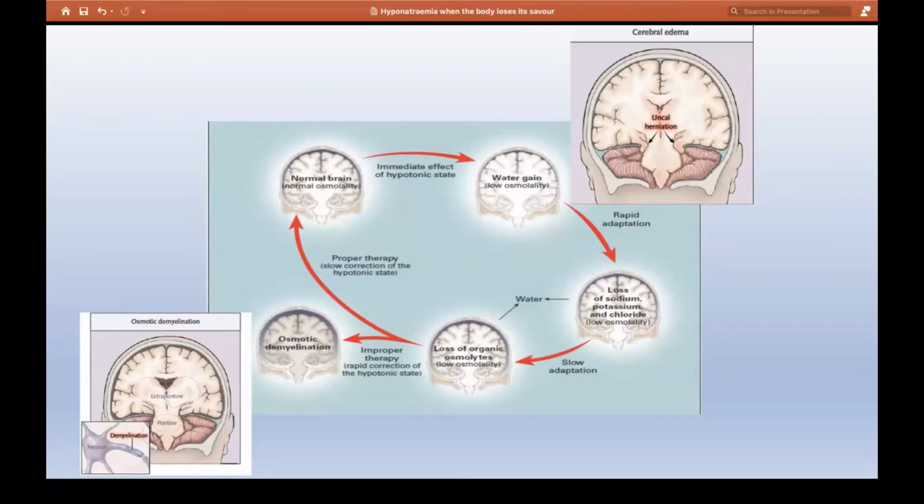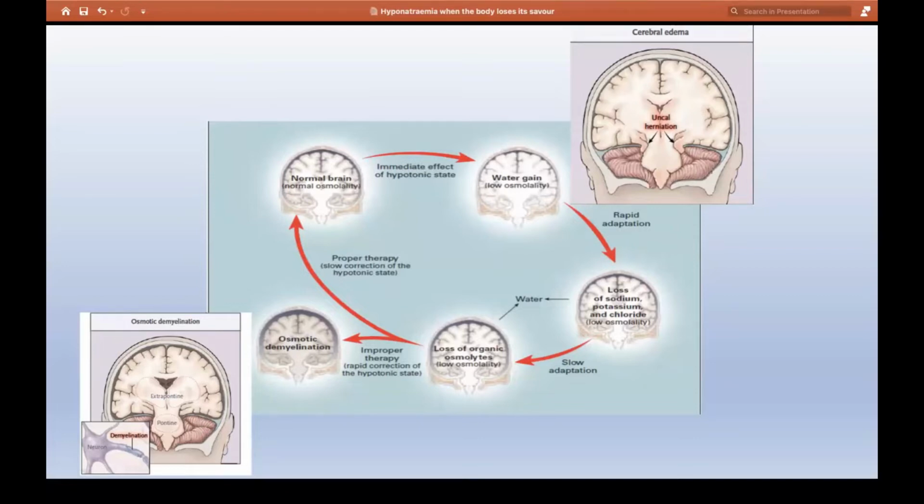And as you know, the brain is in a very confined space. It has hardly any space to expand. So the brain cell starts to swell up, and there can be rapid development of things, including uncal herniation.